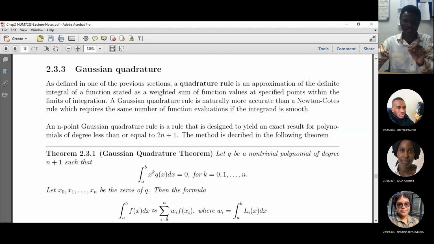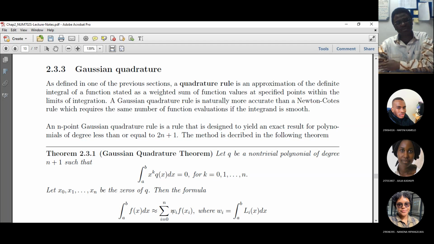So it's a linear combination of the values of the function at particular points of the interval [a, b], which are called the node points, and the constant multiples, which I call the weights. All right, so that is our quadrature formula.